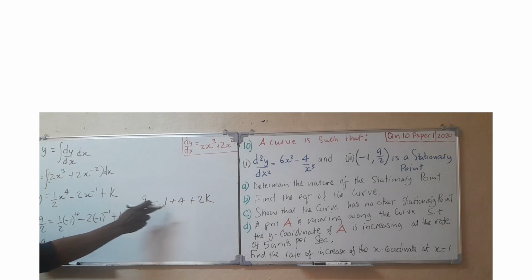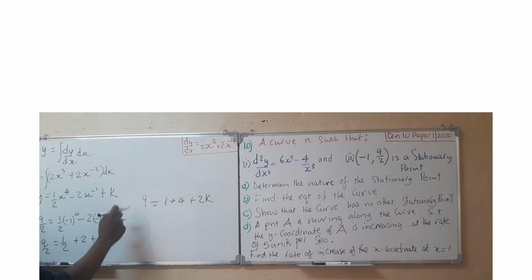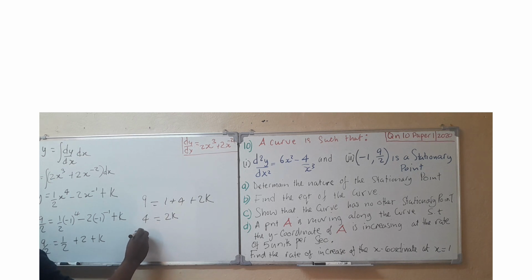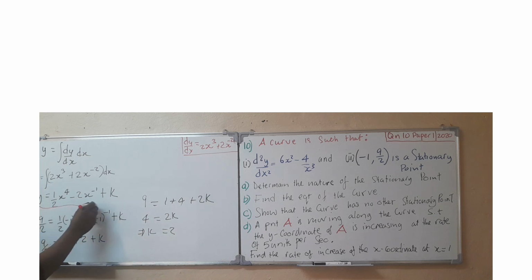Okay, 1 plus 4 is 5. Taking our 5 to this side, we remain with 4 is equal to 2k, meaning our k is equal to 2. So our expression for y will be this one here, where k now is equal to 2.